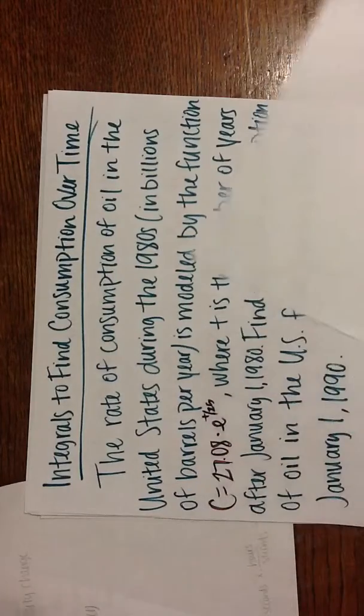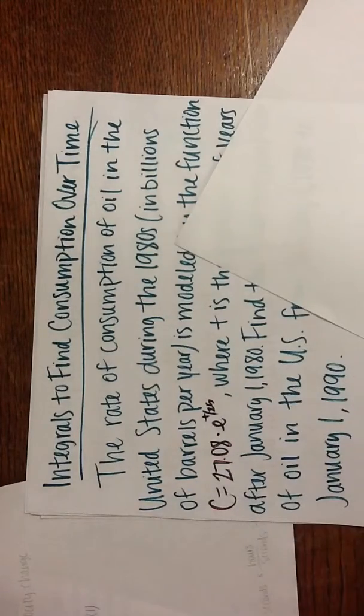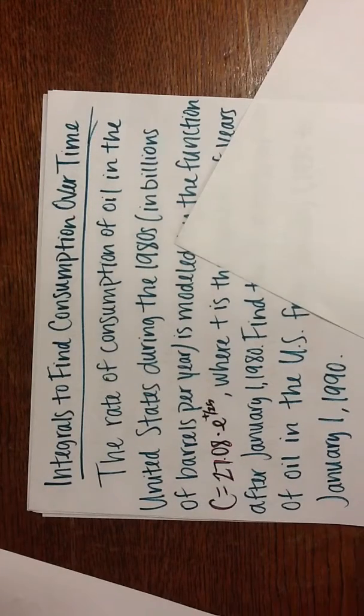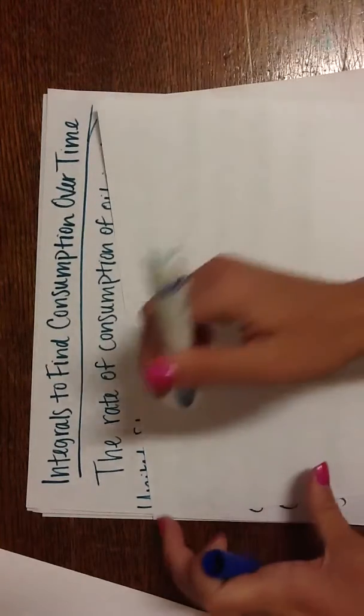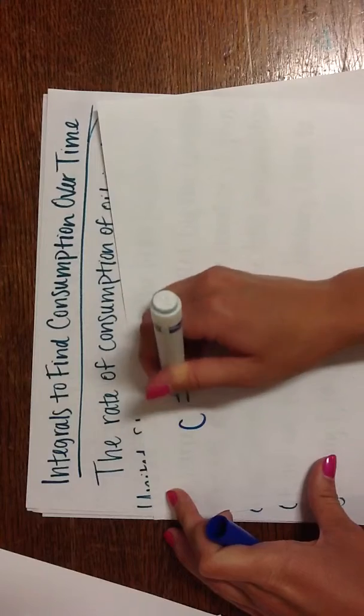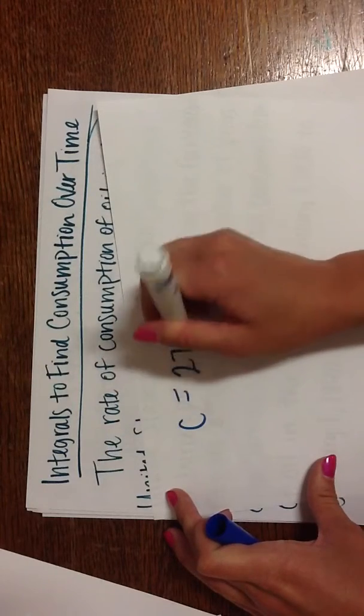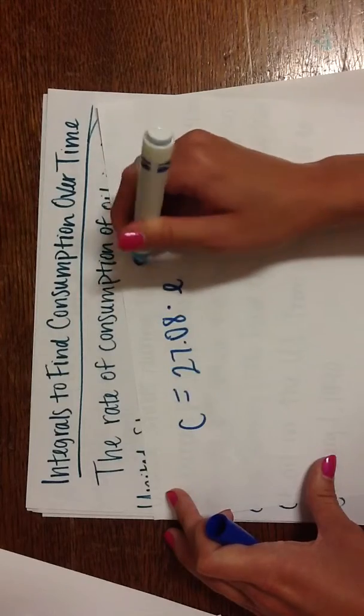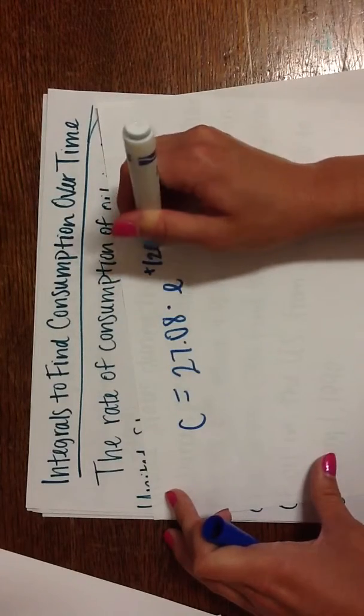So to solve this, we're actually just going to make this into another integral. Once again, I'm going to write out that we know that C equals 27.08 times e to the t over 25.